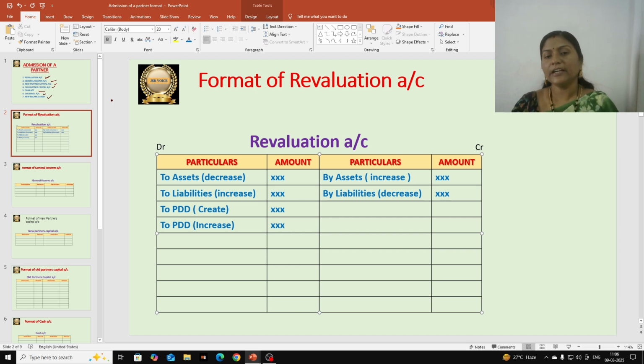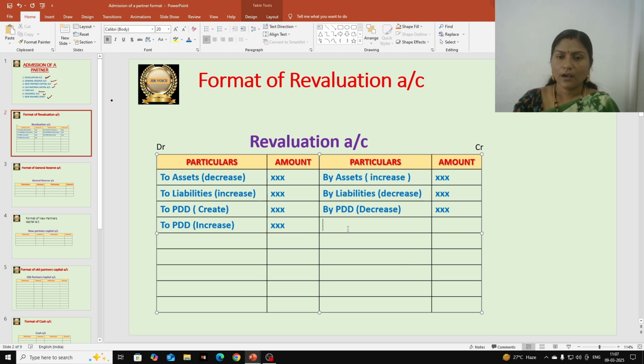PDD creation, PDD increase on the debit side, PDD decrease on the credit side. Okay, remember all this, amount in the amount column.